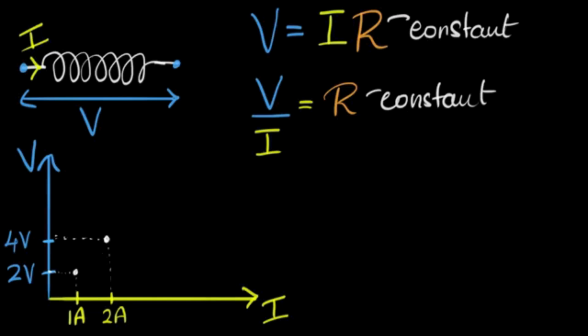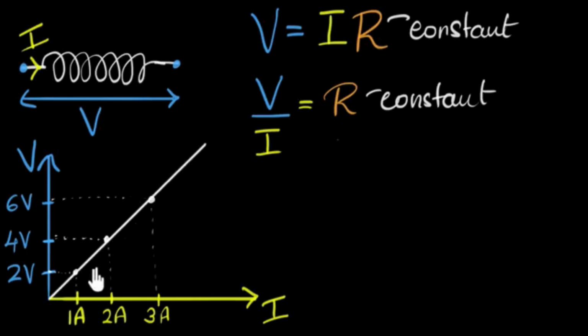And similarly, if I triple the voltage, so I make it 6 volts, then the current must also get tripled, 3 amps. And that point would lie somewhere over here. And what you can notice now is that if you join all these points, they lie on a straight line.